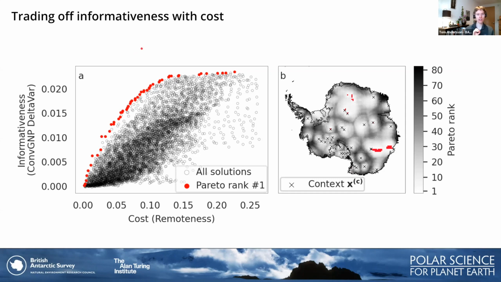And it essentially prunes this very large set of solutions into a much smaller set that are so-called Pareto optimal, which are, in this case, the placements where you can't improve the informativeness without the cost increasing. And that leads to these red solutions, which are also plotted on the heat map here. And you can then remove them from the search and repeat iteratively until you assign a rank to each location, which is what's shown with the heat map here.